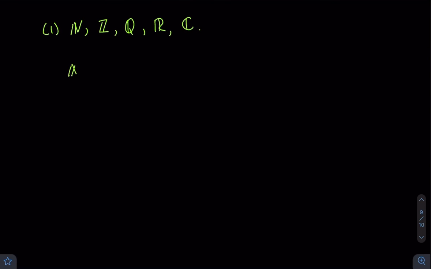The natural numbers are a subset of the integer set, which is a subset of the rational numbers, which is a subset of the real numbers, and the real numbers are a subset of the complex numbers. And putting the subsets in this order also implies, for instance, that the natural numbers are a subset of the rationals.